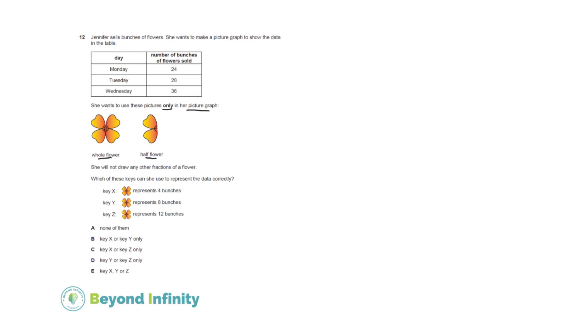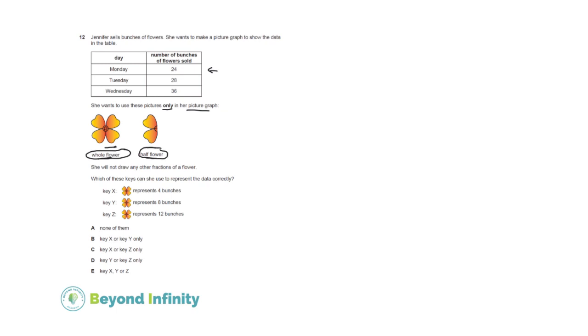What that really means is that in order for us to be able to display that data with whole flowers or half flowers, the number of flowers sold must be divisible by a whole flower, or it must be divisible by the half flower.